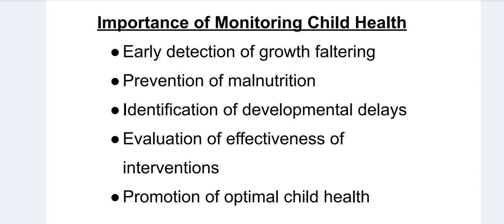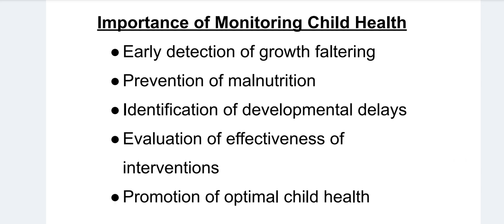So I also want to assess, the next time they come, if they worked on all the interventions that I wanted them to put in place. That is one way to evaluate if it's been effective, if telling them has been helping them. And then we want to promote optimal child health.